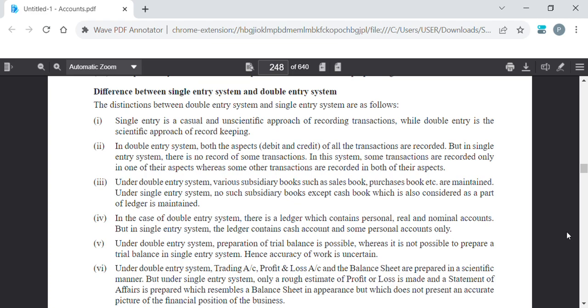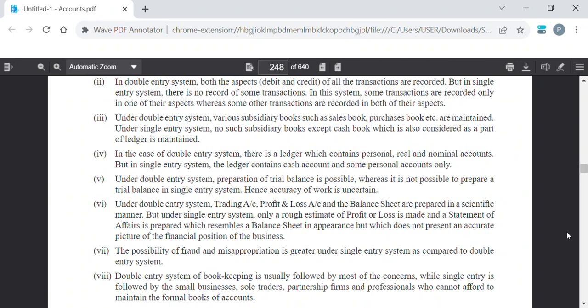In single entry, the ledger contains cash account and some personal accounts only. Under double entry system, preparation of trial balance is possible, whereas it is not possible to prepare a trial balance in single entry system. Hence, accuracy of work is uncertain.